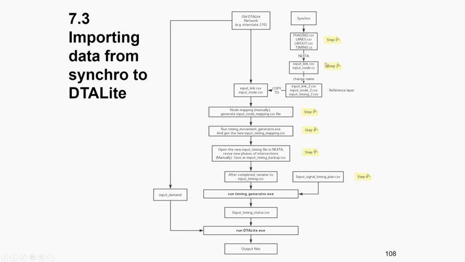Step number 2, we import the data from Synchro phasing, lanes, and layout into NEXTA, and save it into the standard input node and input link structure. Because we might have an old DTALite network, we already have a set of input node and input link, so we need to merge two networks together.